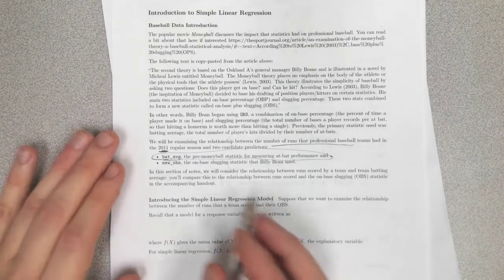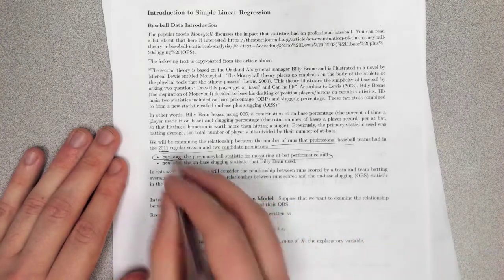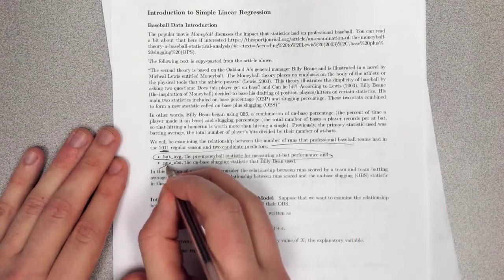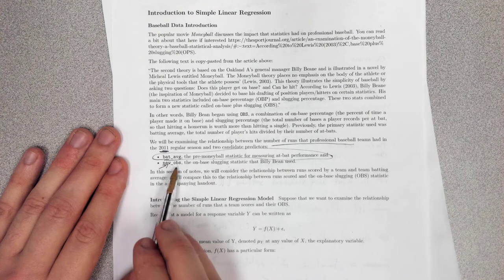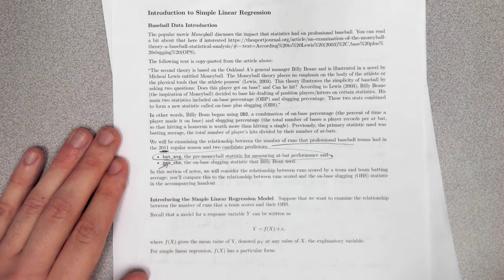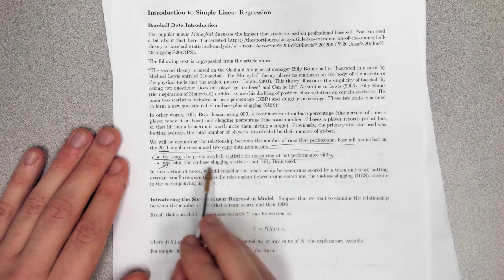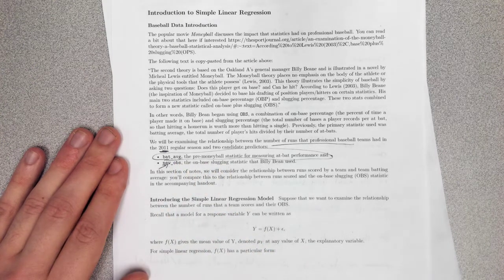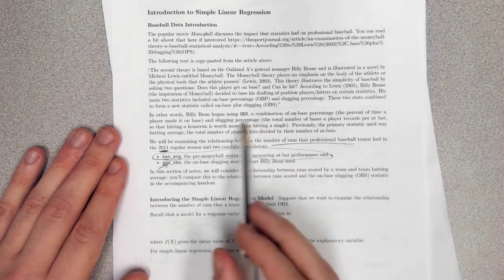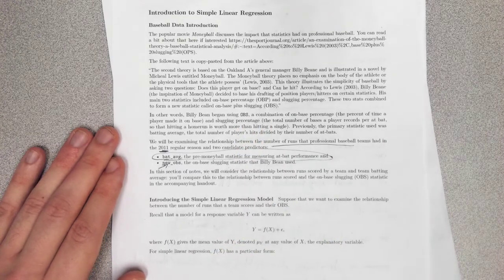Then in a handout that you're going to do on your own, you're going to compare that predictor to what the model would look like if you used this newer predictor for runs of a team, the on-base slugging statistic, which is described in this paragraph if you want to read about it.